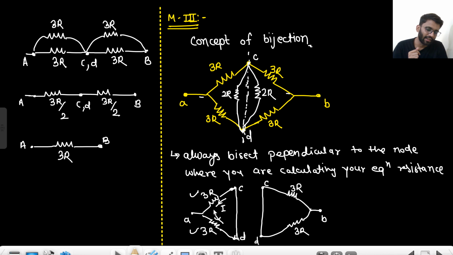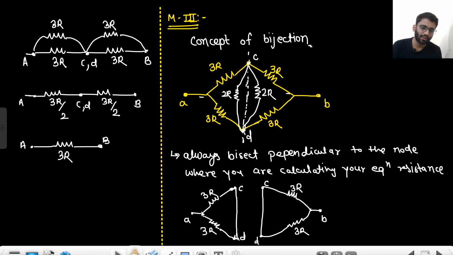In this terminal we will have some different current. So this 3R and 3R are not in series. If they were in series, then 6R would come in parallel to 0, but they are not in series, so it will not come in parallel to that.